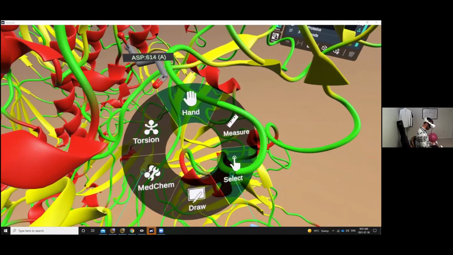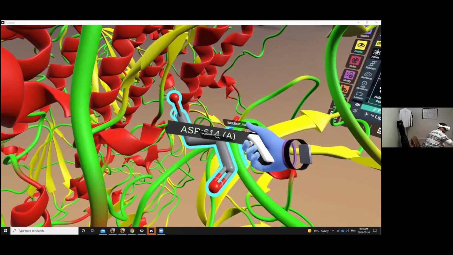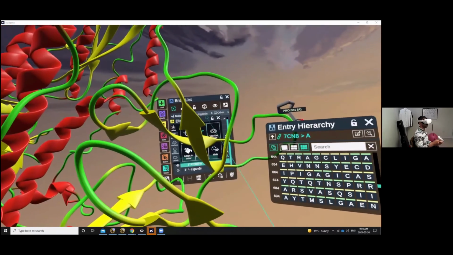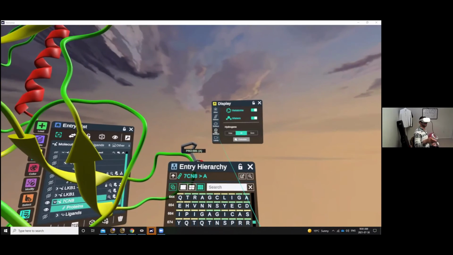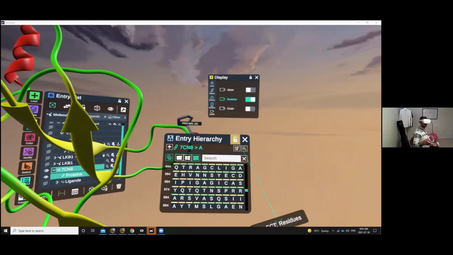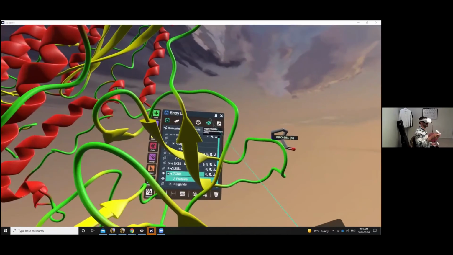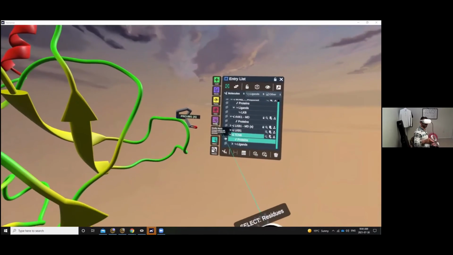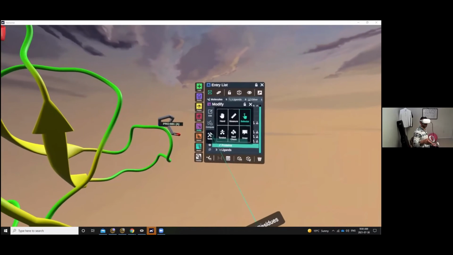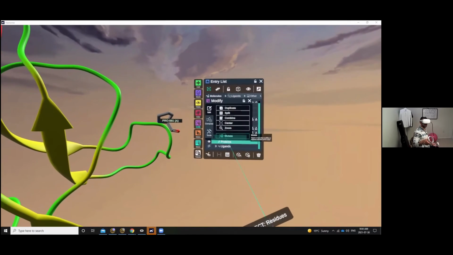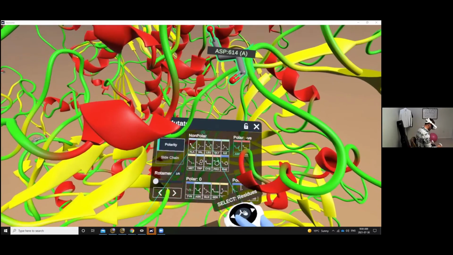If we select that residue, and then if we go to, it's probably under modify. There's mutate. Okay, so we have our mutate menu now.